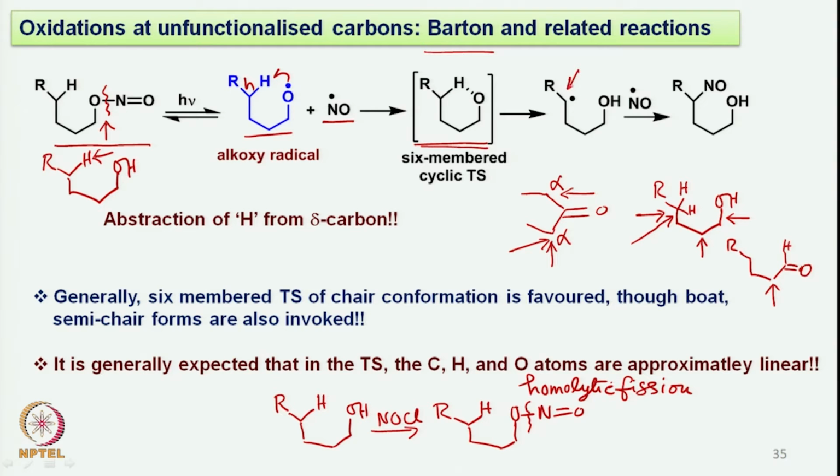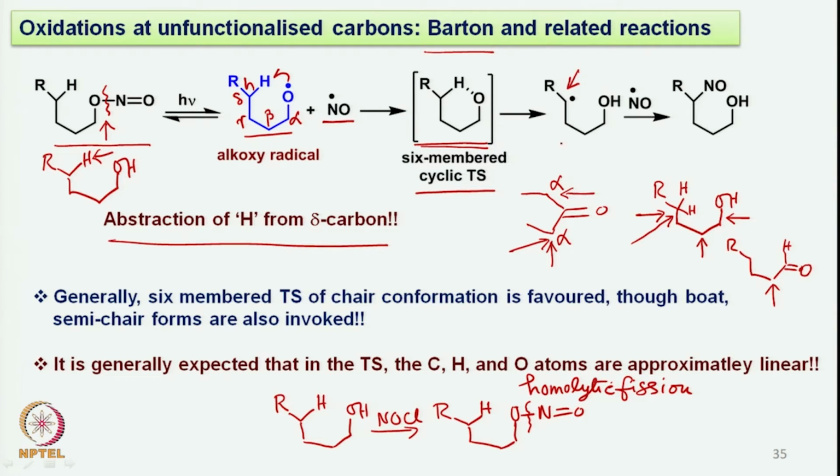and generates a radical at a very remote position, which is the delta position. So if one starts numbering, then you have an alpha, then a beta, then a gamma, and then this is the delta position. So abstraction of hydrogen from the delta carbon occurs because of this 6 member transition state here.